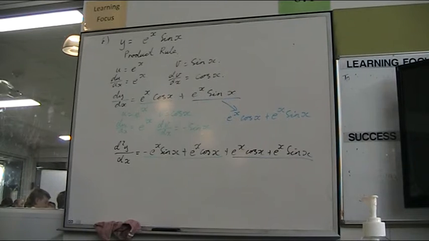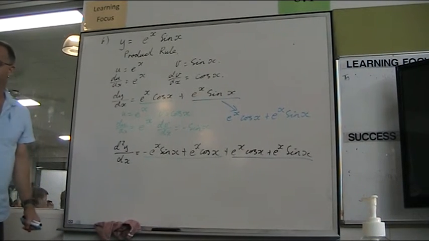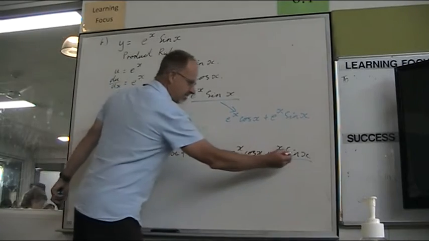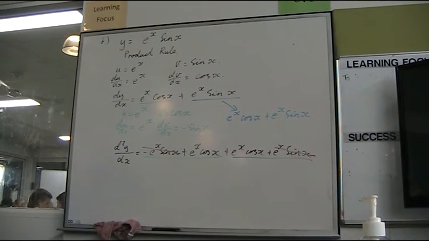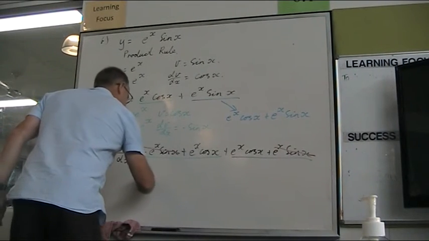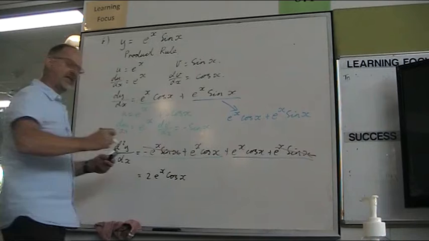Now, what do we notice? Anything? Cancel out the e to the x sine x. You've got minus 1 there, plus 1 there. And the other bit is we've got two lots of that, so we've got two lots of e to the x cos x.